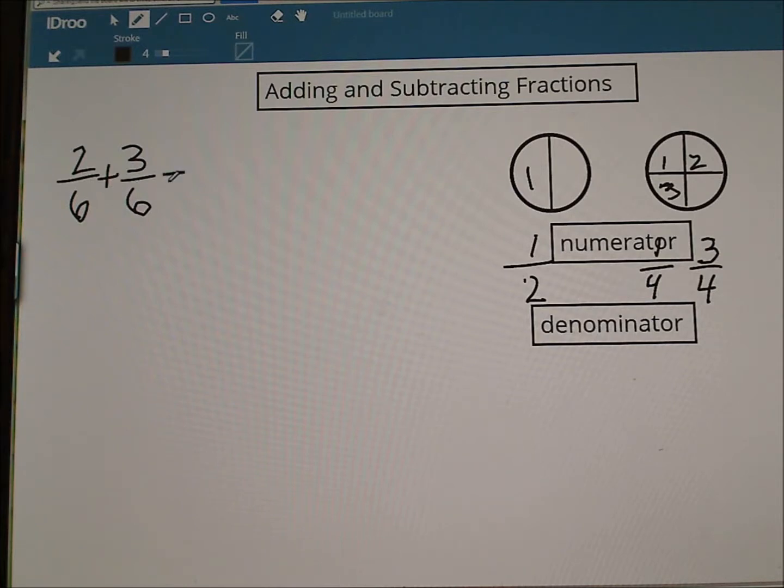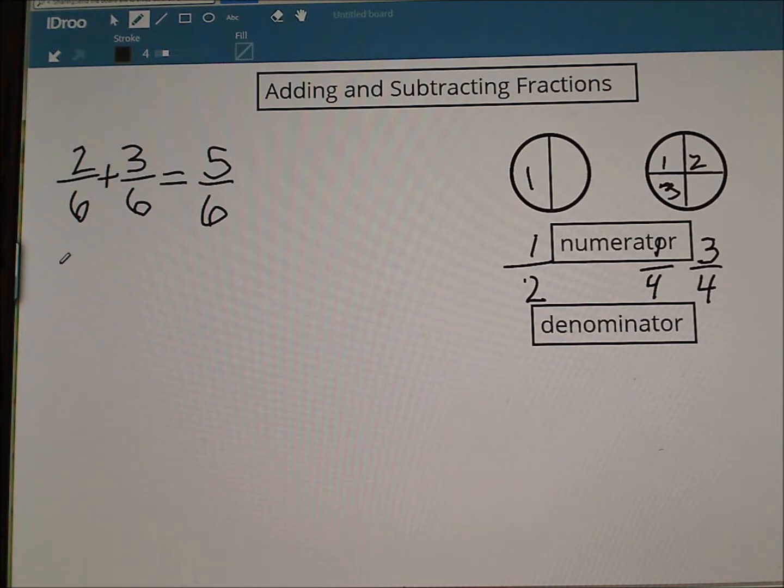So once you have established that your denominator is the same, your answer will have the same denominator. So it would also have a denominator of 6. And all you need to do from there is add your numerators. So 2 plus 3 will give us 5. So 2/6 plus 3/6 will equal 5/6.